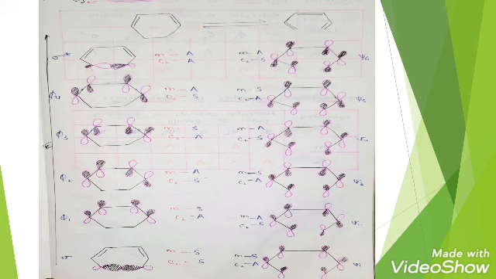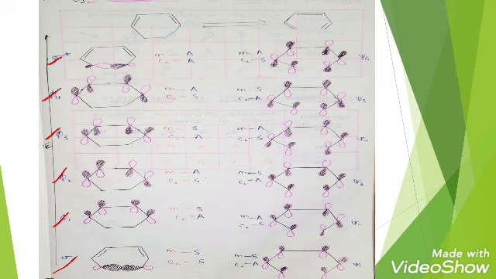We already know that the sigma orbital has the least energy and the anti-bonding sigma star orbital has the highest energy. The pi orbitals have energy in between these two. So these are the molecular orbitals of cyclohexadiene: sigma, pi 1, pi 2, pi 3, pi 4 and sigma star.